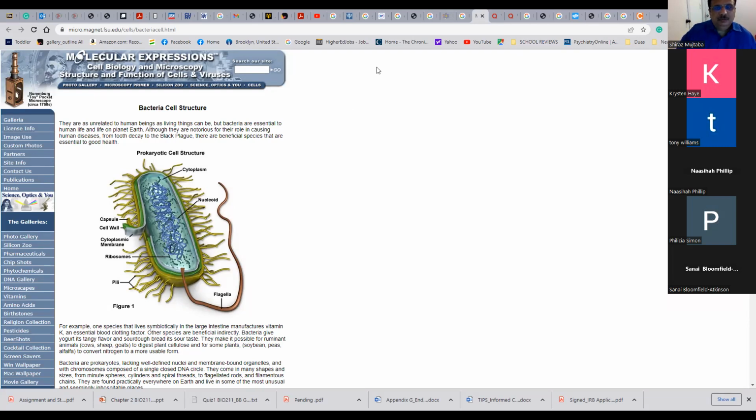It has a simple, single cell structure. So it wants to be in a diverse environment. It wants to survive in water. It wants to survive over, let's say, bread or milk. It also wants to float with air.